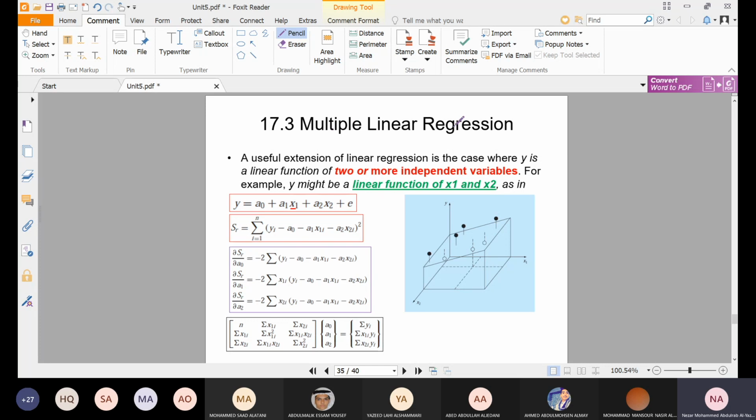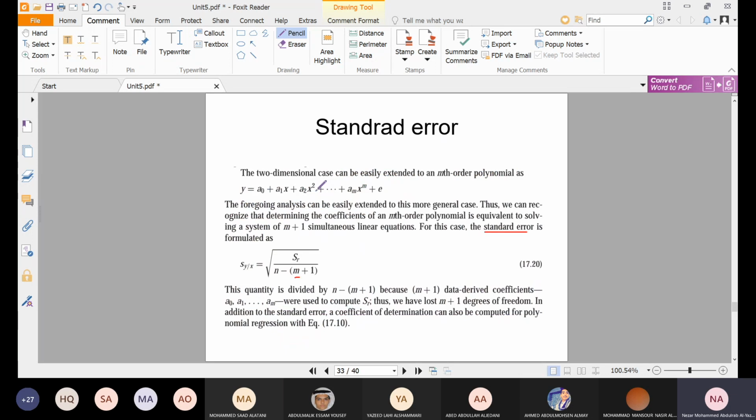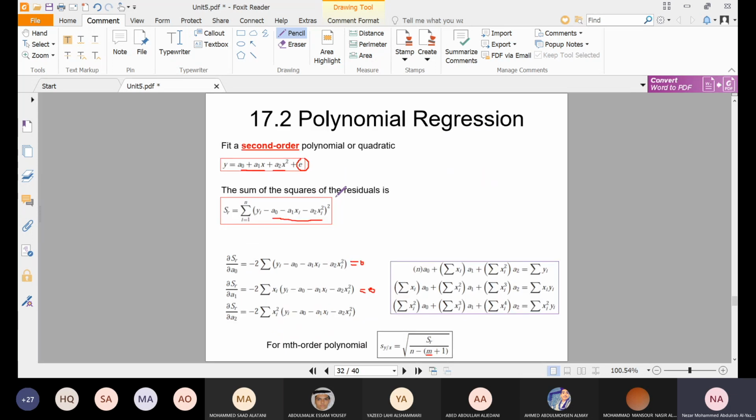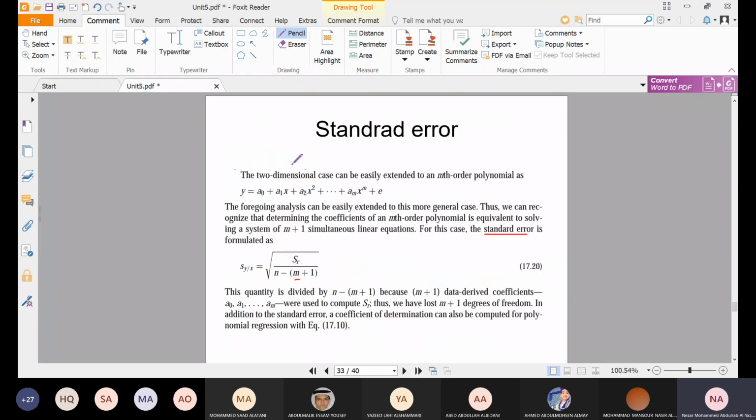Here, when we talk about multiple linear regression, we have different variables, or multiple variables. Sometimes the function is represented by multiple variables. Or sometimes, as we said, we have a single variable like what we have here, but with different order, a polynomial regression.